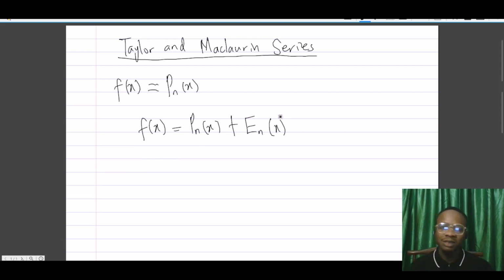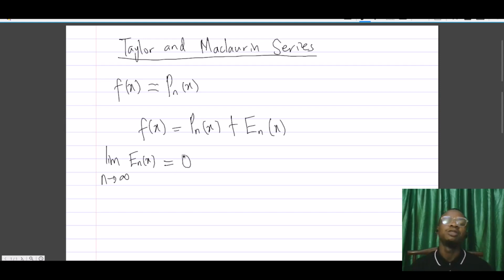We can analyze what the error could be, but that's not really our business here. The point is that the error will vanish as n approaches infinity. The limit of this is going to be zero.